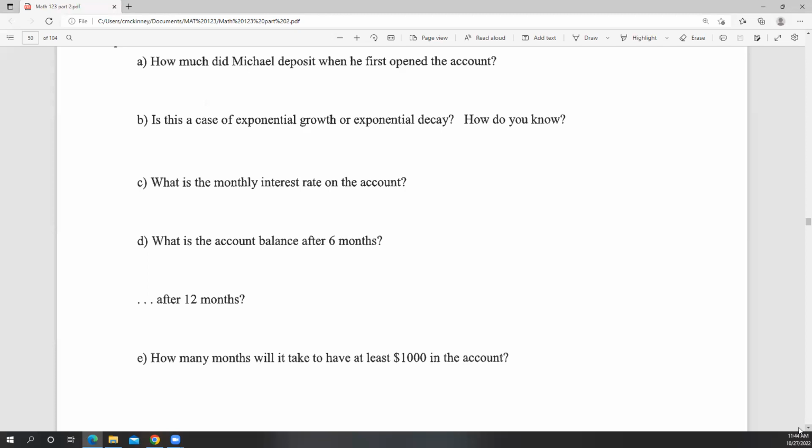Again, they already wrote the equation at the top. We're just putting a 6 where they had the M for months. What about after 12 months? Double that. He wishes. Yes, $1,010.68.